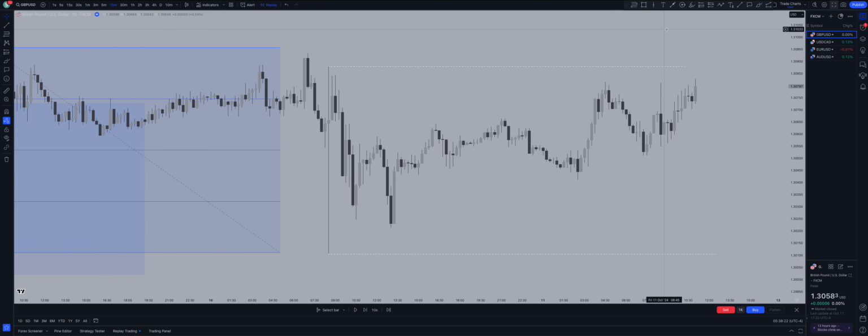So as far as trades for GU yesterday, there's really only a couple areas where we could have looked. One was here, and that appears to be it. So let's go down on the lower time frame.